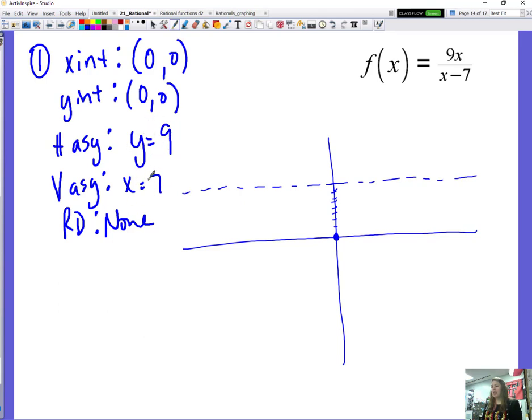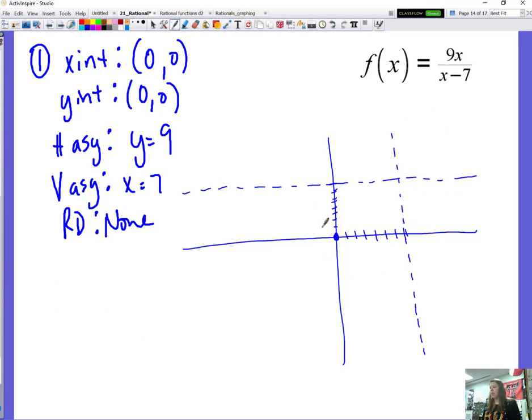We also have a vertical asymptote at x equals 7. So 1, 2, 3, 4, 5, 6, 7. So I know that I have an asymptote here at 7. There's no removable discontinuities, so this is kind of the basis for where our graph is going to lie.